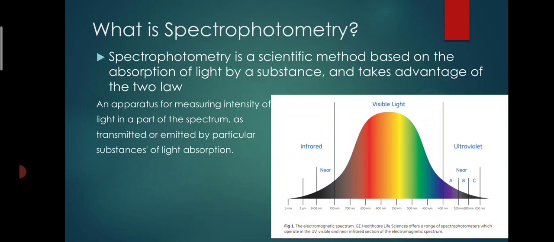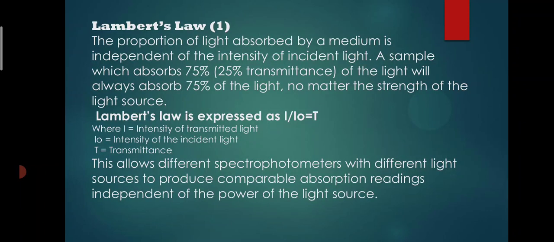Spectrometry is a scientific method based on the absorption of light by a substance, and it takes advantage of two laws. Here we mention the two laws for the basic principle of spectrophotometry. This is the first law, Lambert's law.